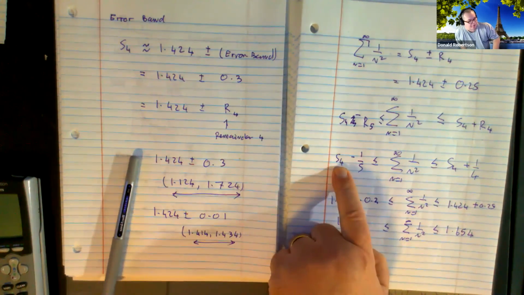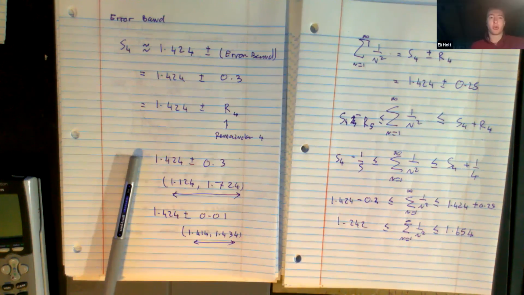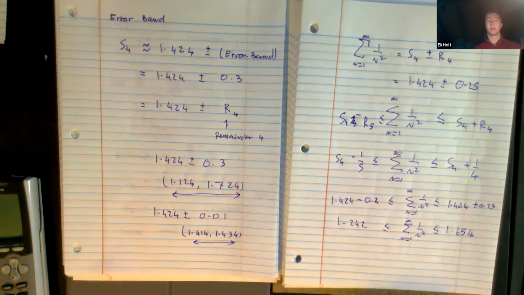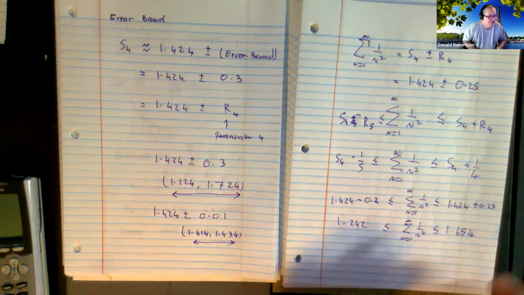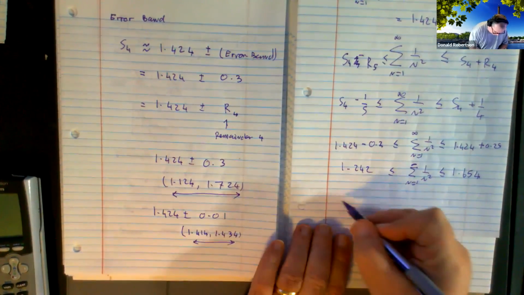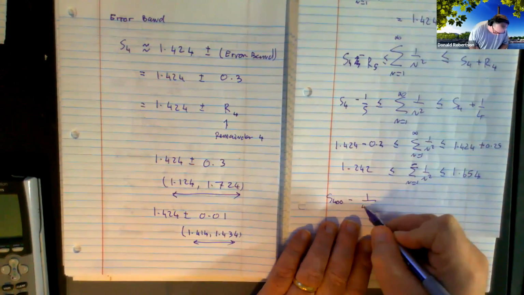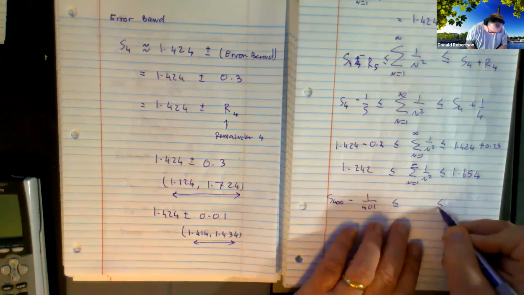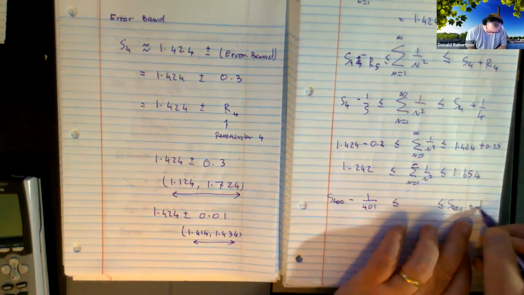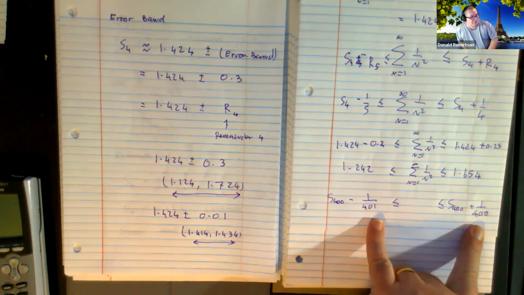Then I use only 4 terms, S4. If I wanted it to be more accurate, what would I do? Add more terms. Yeah, couldn't I do S400? And because of the way this question works out, I can even tell you what S of 400 would look like. Wouldn't you be taking away that much on one side? And wouldn't you be adding that much on the other side? Can you see that?